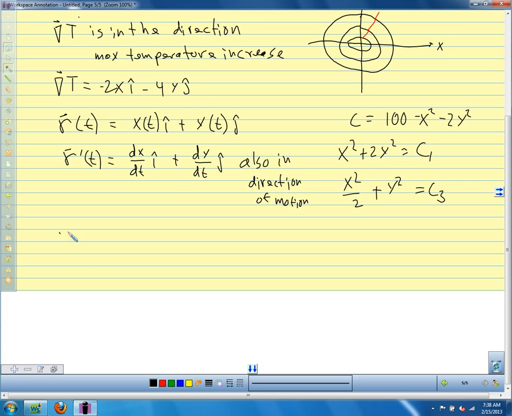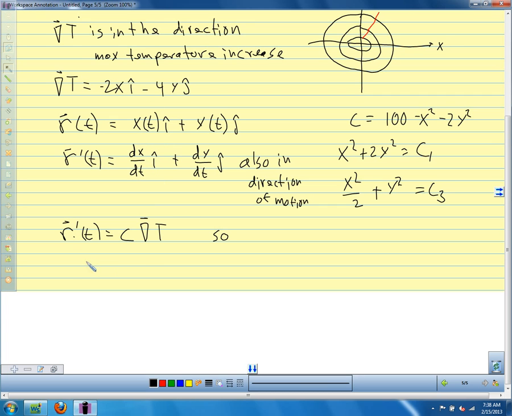So we're going to say del T equals some scalar multiple, and I'm going to write it the other direction. r prime is some scalar multiple of del T. So I'm just going to write this equation in terms of our expressions here.